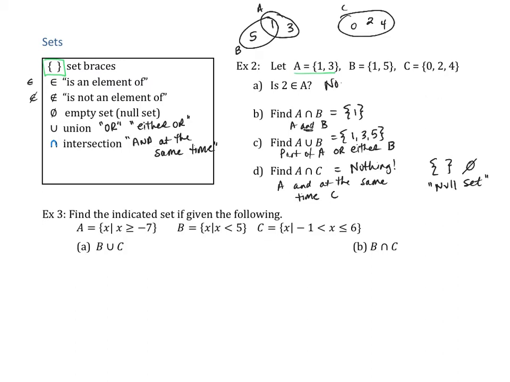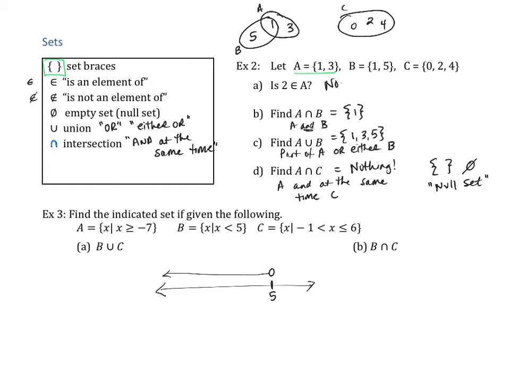Okay, let's do a few more of these. So we have B or C. Well, let's get a graph here of what B would look like. Okay, B is everything less than 5. There's 5.